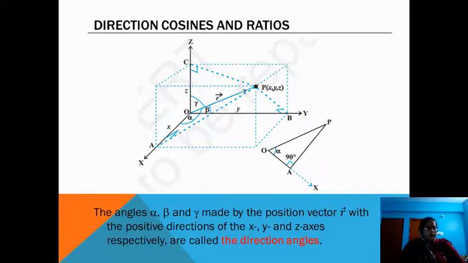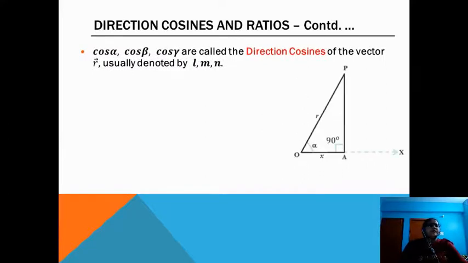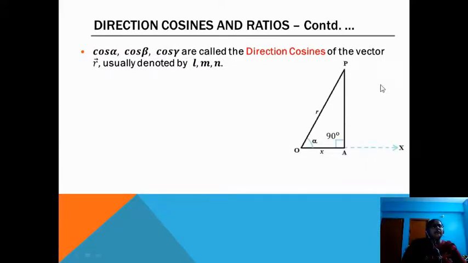So now from this observation that OAP is a right angled triangle, we get a very interesting relation. See that x by r, what is x? The base of this right angled triangle, and r is the hypotenuse. So x by r, that is the base by hypotenuse. What is that?